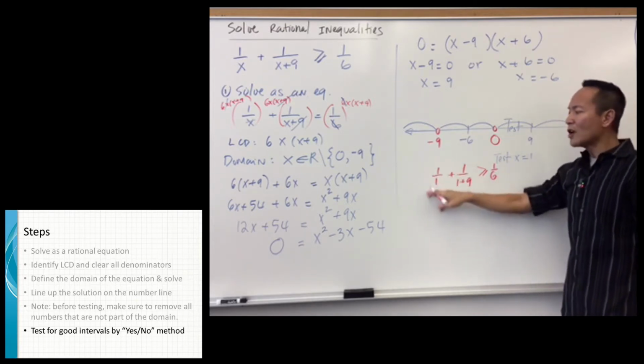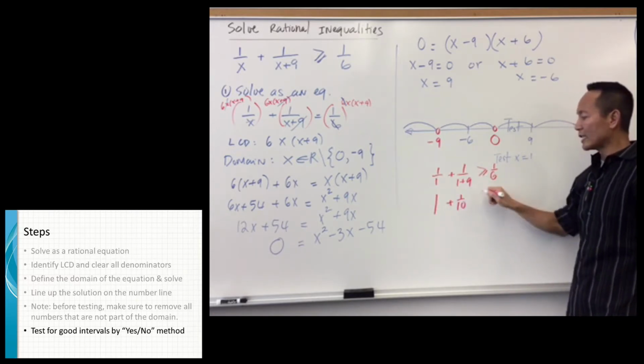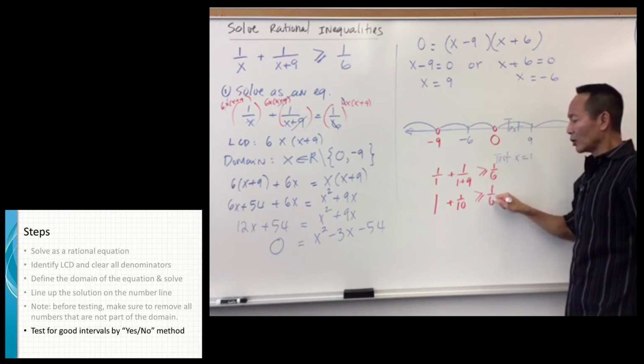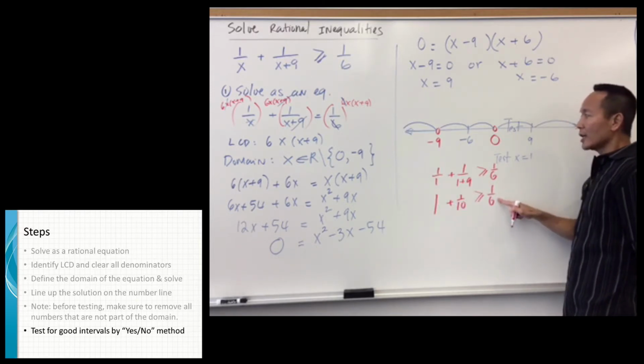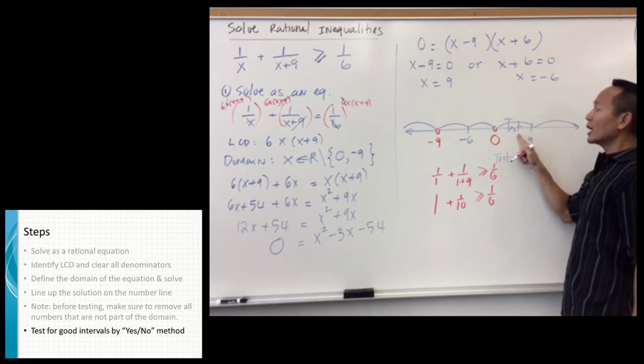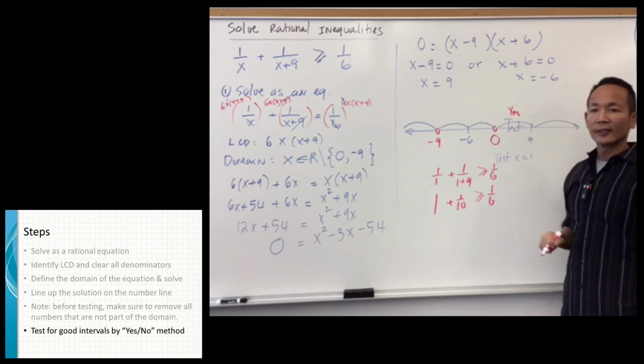Now notice, 1 over 1 is 1. 1 plus 1 over 10 is surely greater than 1 over 6, because 1 is already bigger than 1/6. So this is a good interval. It's passing the inequality test. So this is yes.